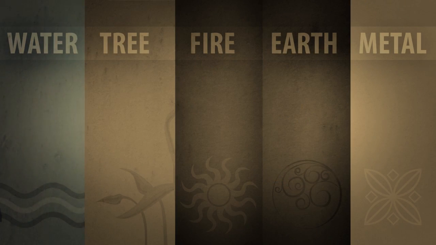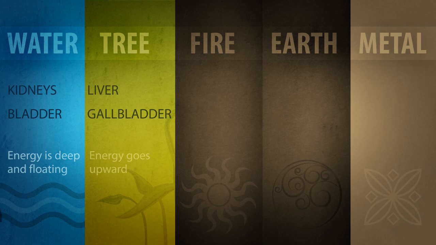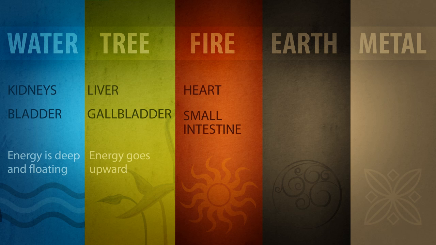So, for example, the water energy particularly nourishes kidney and bladder, which just fits nicely on a symbolic level. Tree energy nourishes the liver and gallbladder because they need a lot of this rising, opening energy. The fire energy nourishes the heart and the small intestine, because these organs particularly need this more expansive energy that creates blood circulation, takes warmth around the body.